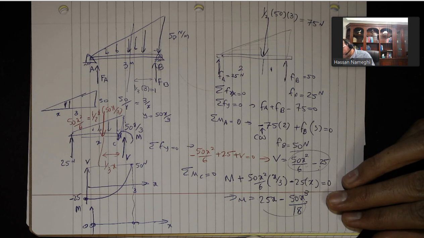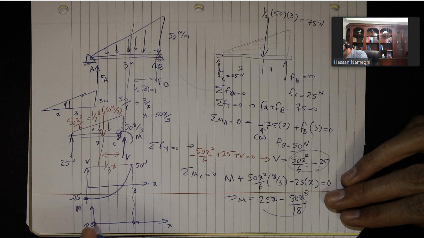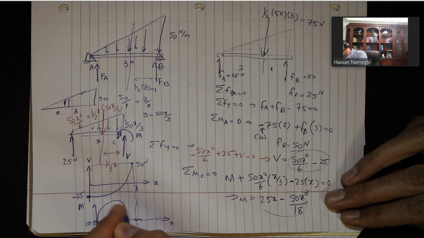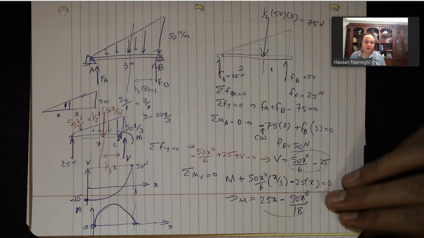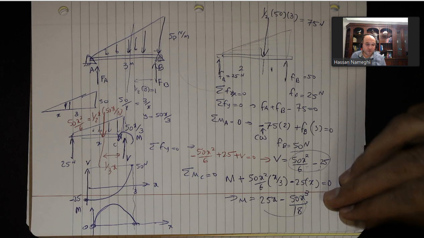I'm just checking my values: 25 times 3, minus 50 times 3 to the power of 3 divided by 18, and you get 0. So this is going to look something like this. You can use your graphing calculator to draw that.